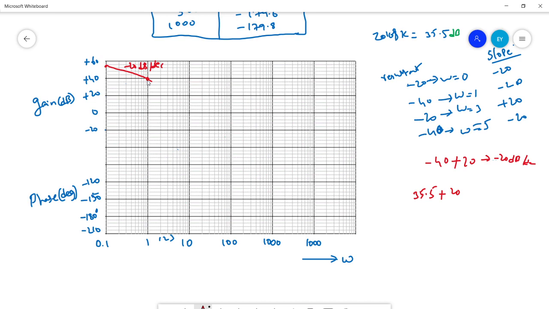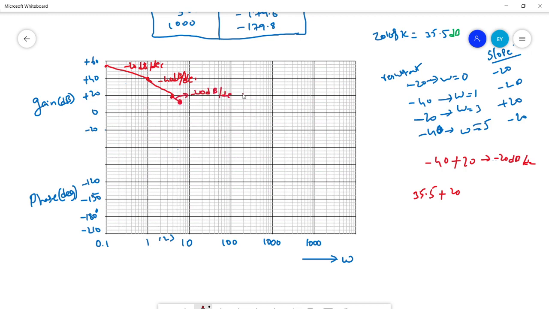Then from here again, the contribution is from the zero, which is contributing 20 dB. So we have minus 40 dB and plus 20 dB, which gives minus 20 dB from omega equal to 3 to omega equal to 5. Omega 3 to omega 5, this is minus 20 dB per decade.